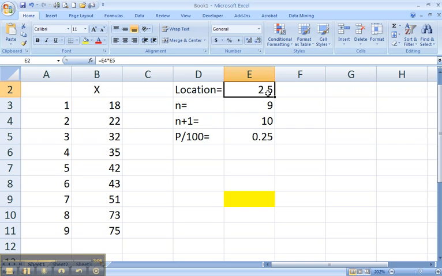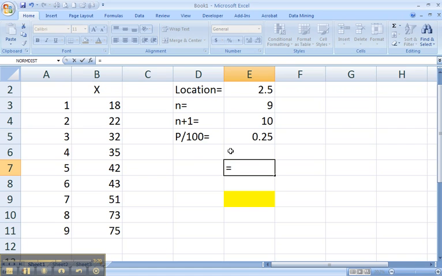Well, it's located 0.25 of the distance between the second and third values. Why 0.25? Because this says 2.5. Now, when I say the distance, what do I mean? Well, distance simply means I take the third value, I subtract the second value, and there's a distance of 10 between those two.